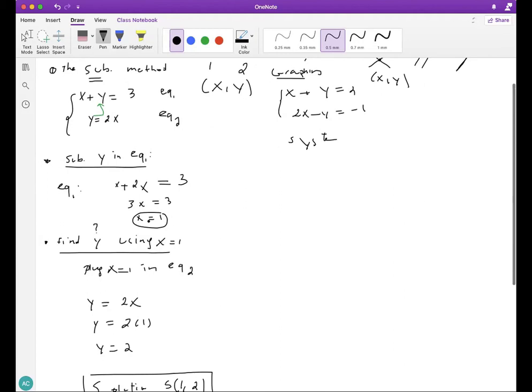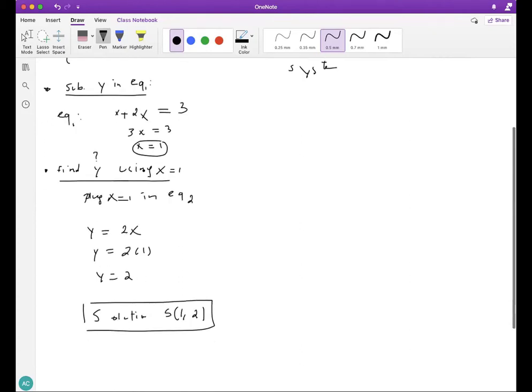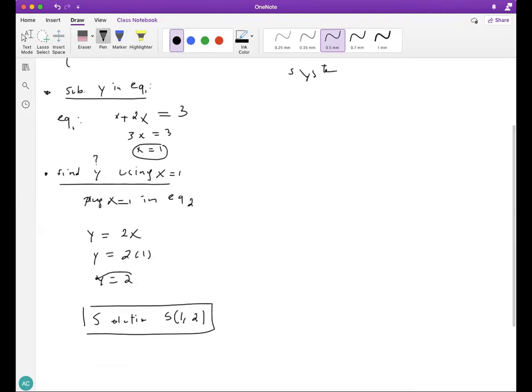Once you find that variable, then you need to find the other one by plugging it in one of these. It doesn't matter which one you use, but usually look for the one that's already convenient or has the variable you're looking for by itself. Once you plug that variable into one of the equations, you find the other variable.